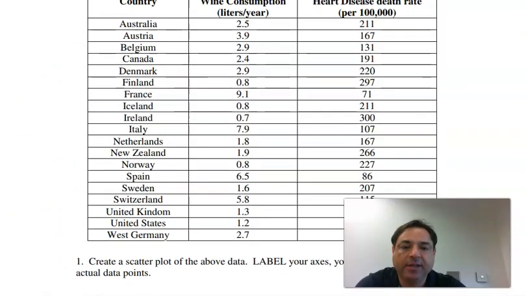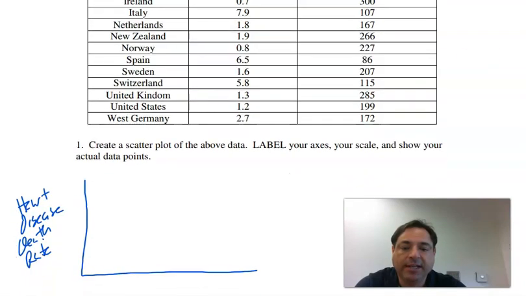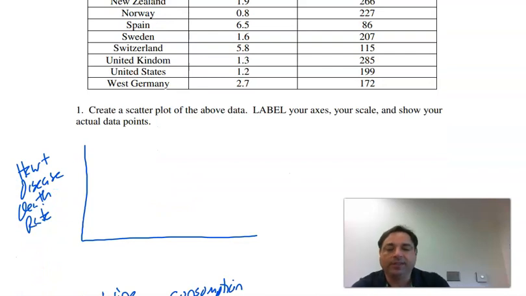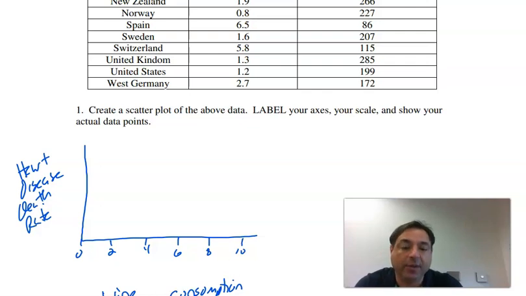If we look at the wine consumption, the lowest is 0.7, so maybe start at 0. The highest is 9.1, so maybe go to 10. If I'm going from 0 to 10, I'm going to count by, well, maybe twos. So 0, 2, 4, 6, 8, 10. So we first have to decide where to start, where to end, and what to count by.